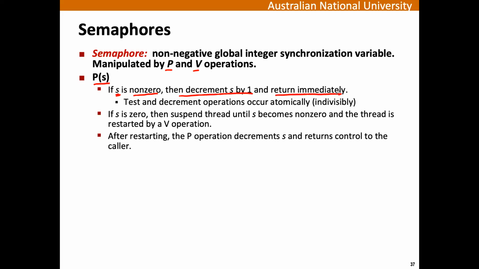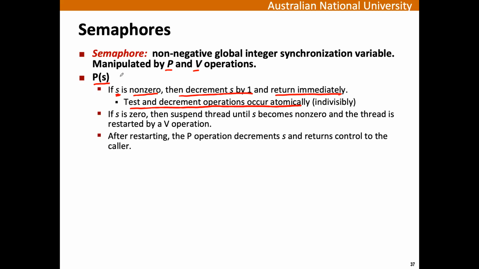And the operations test and decrement happen atomically. This is support that is provided by the underlying hardware. So we don't have load operation, update operation, and store operation. We have this hardware primitive that does this test and decrement atomically.